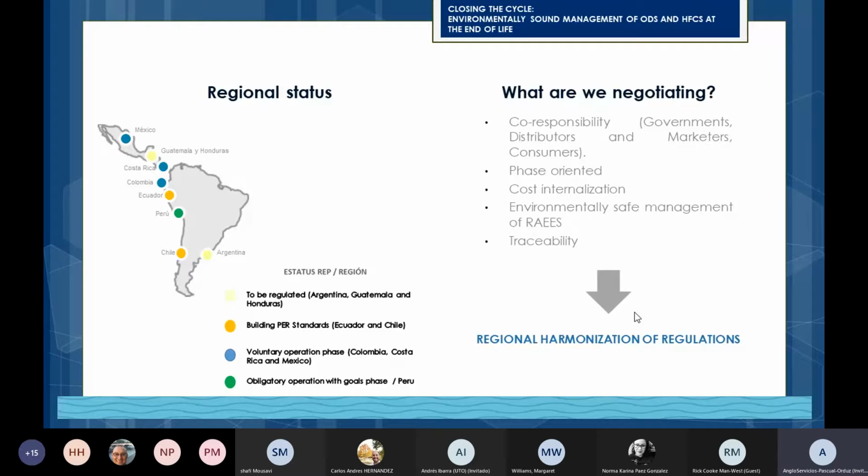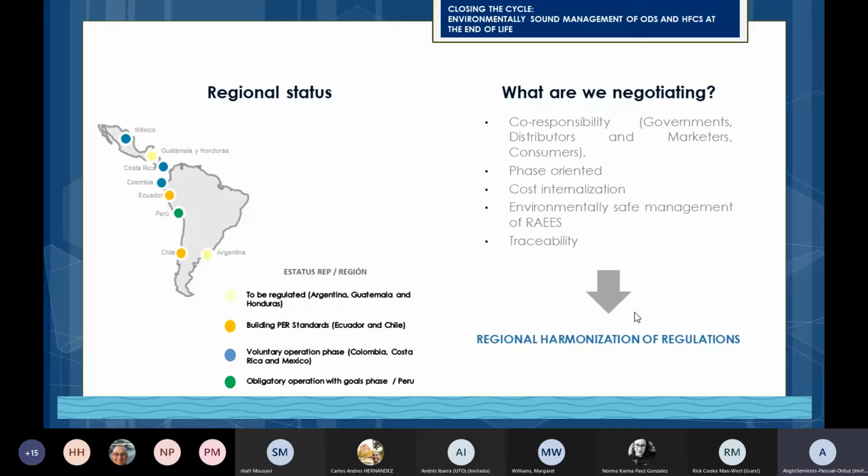This graph shows some sort of regional status, and we can see the countries that are in the beginning stage, with regulatory policies still to be built or developed.